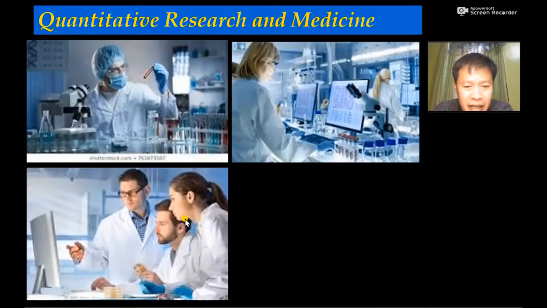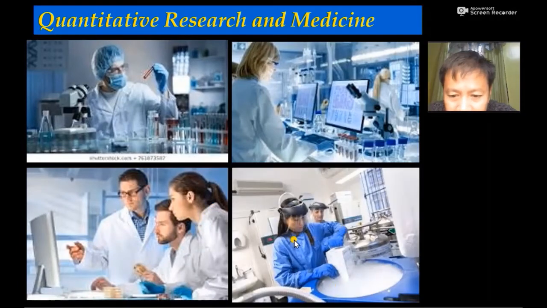These three persons are all doctors talking about what quantitative research they are going to have in order to discover the cure of a certain disease. We have also here another picture talking about a certain doctor also, or medical specialist, or a chemist, or a scientist producing or discovering a certain medicine, and what they are doing are part of quantitative research because they are using chemicals.